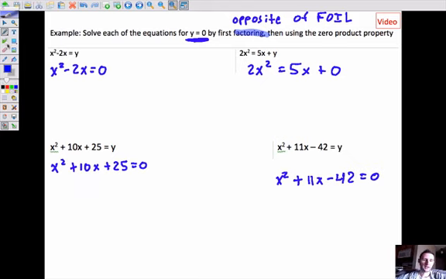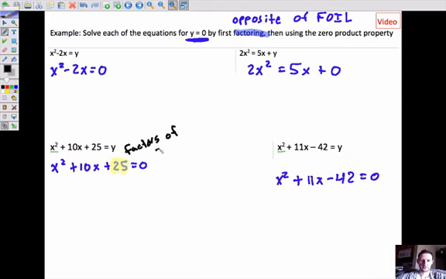And the way we do that, there are basically a couple things that we need to look for. We need to first look at the constant term. And I'm going to start with this one first just because this one is probably going to be one of the simpler ones. In order to factor it, we're looking first at the constant term, and I'm looking for the factors of the constant.